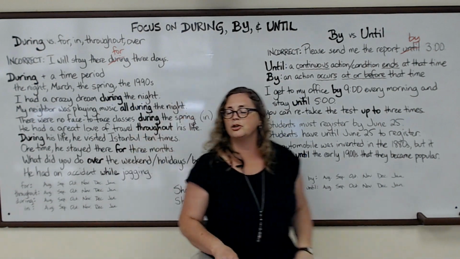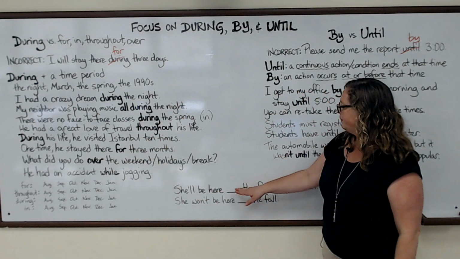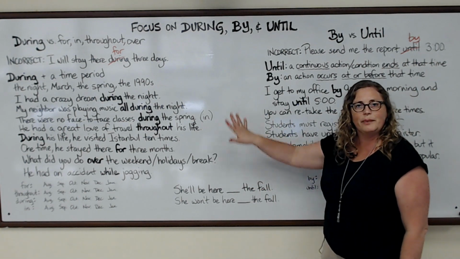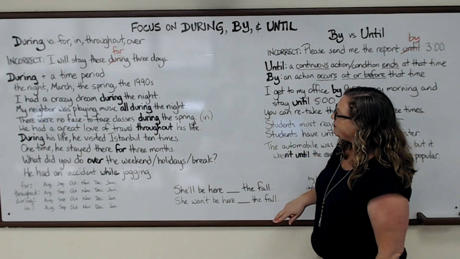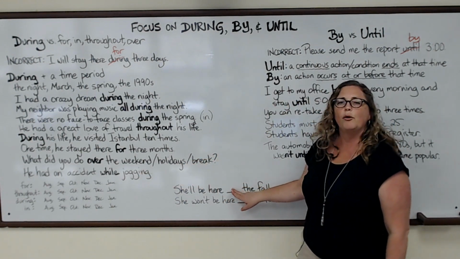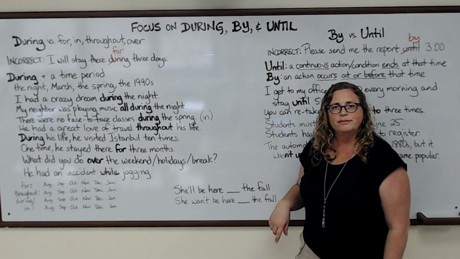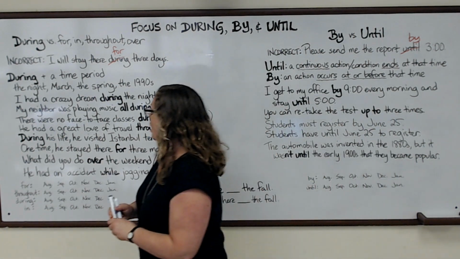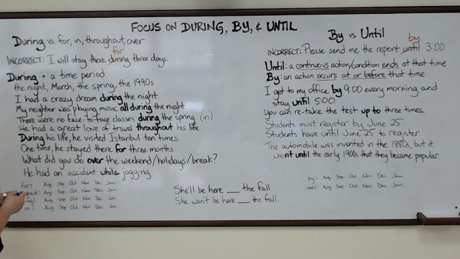Okay, I want you to look at this sentence. "She'll be here the fall." And let's see what it means if we talk about these different prepositions. Let's do the easy ones first. She'll be here for the fall. How long will she be there? She will be there basically for 3 months.